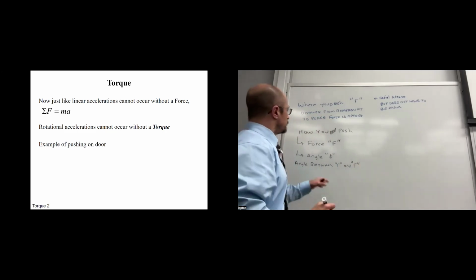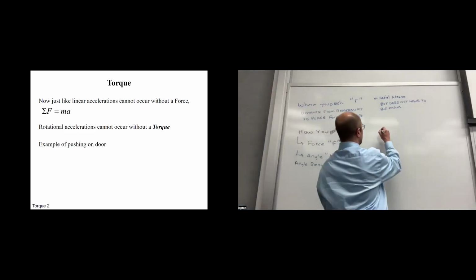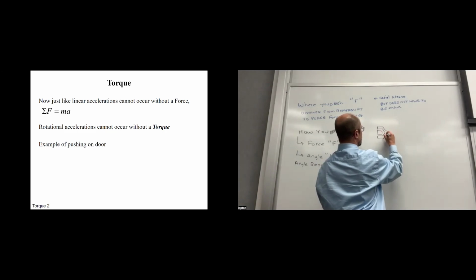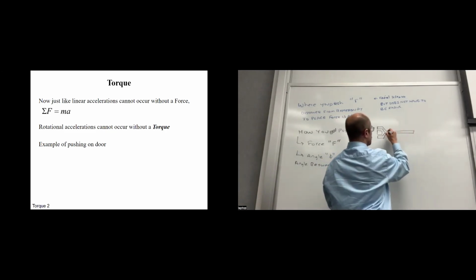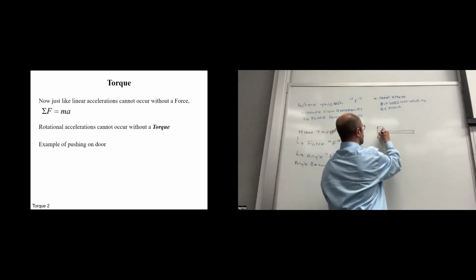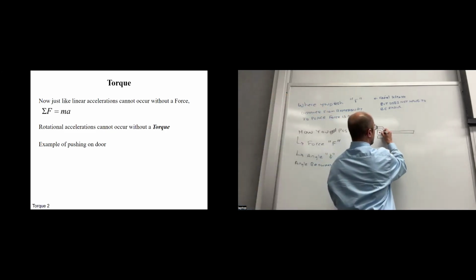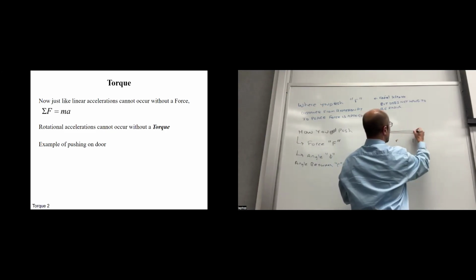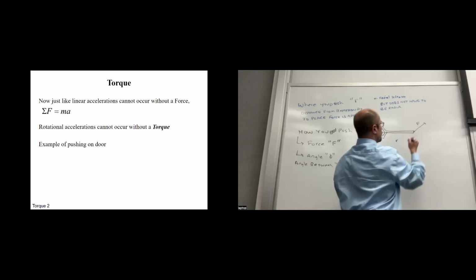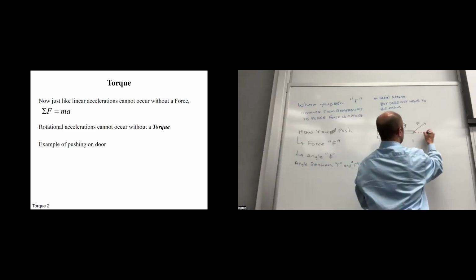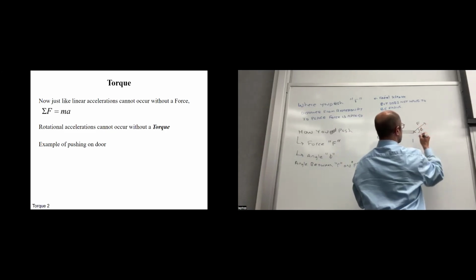All right. So how this plays out? I have a picture on the next slide as soon as I'm done with this. If we have some kind of wrench trying to turn this bolt here, the idea is the bolt will turn about its center. If I apply a force, this is my distance R, I apply some force here to the handle. Now, the angle between R and F is right there.